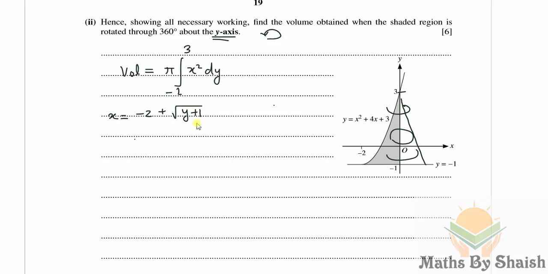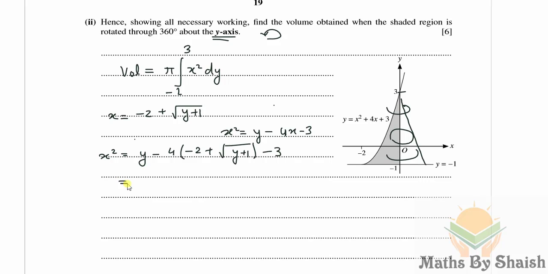From this curve, x² = y - 4x - 3. If we eliminate x with the help of this, we will get x² = y - 4(-2 + √(y + 1)) - 3.